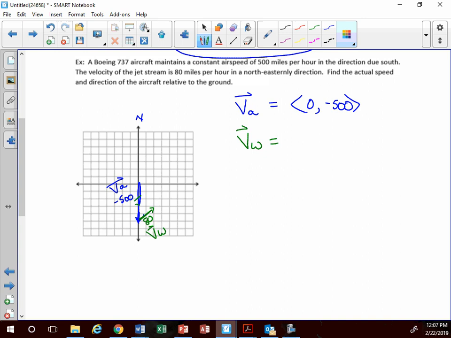What are the x component and the y component, or the horizontal and the vertical components going to be of that vector? It is a 45, 45, 90 triangle. Which is really 80 divided by 2, 40 root 2. Both sides are going to be 40 root 2.